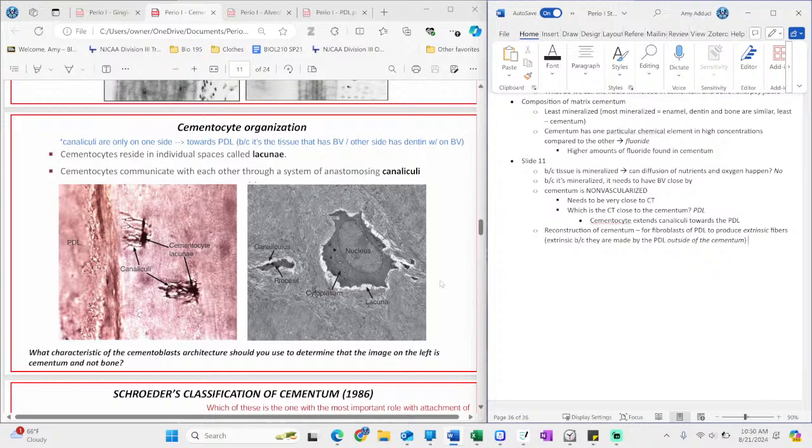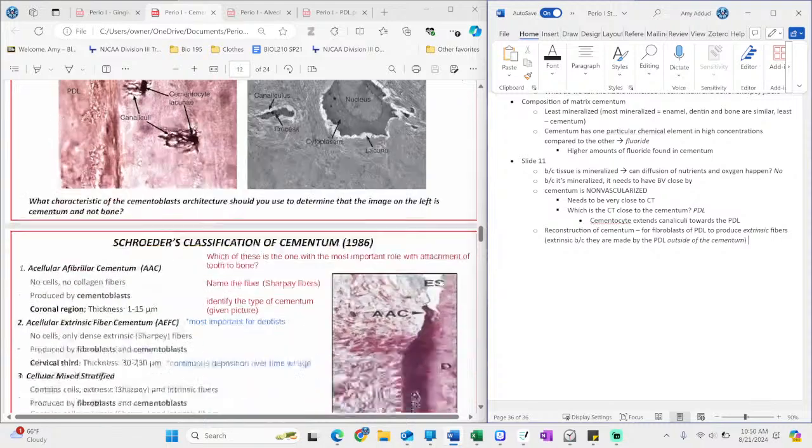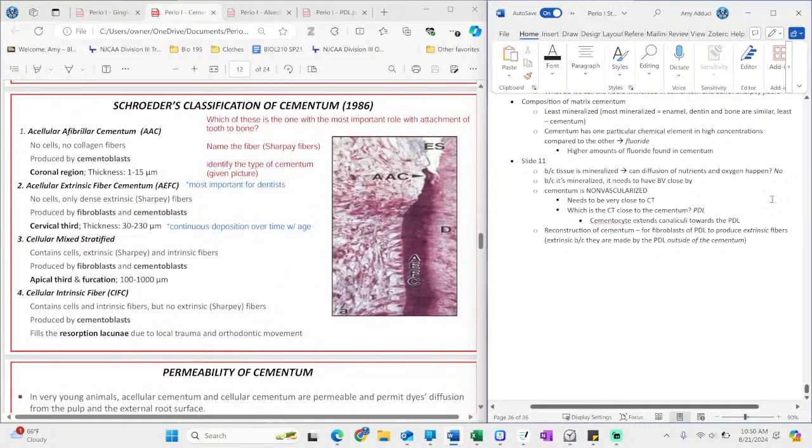So if we go deep into the classification of cementum, you need to remember that close to the neck between the crown and the root, we have acellular, afibrillar cementum. So there are no collagen fibers in that cementum matrix at all. Okay?